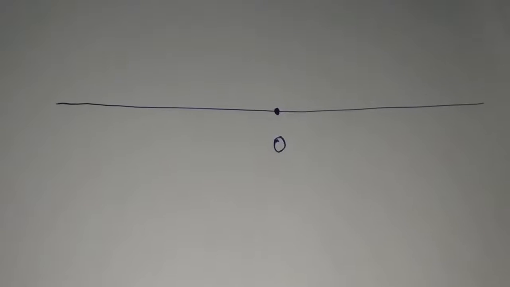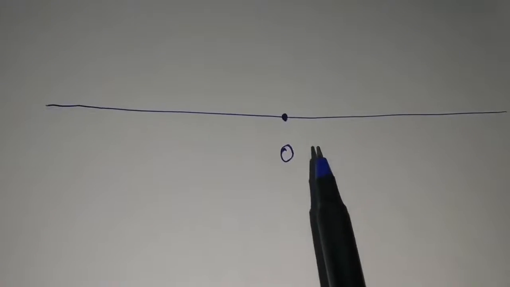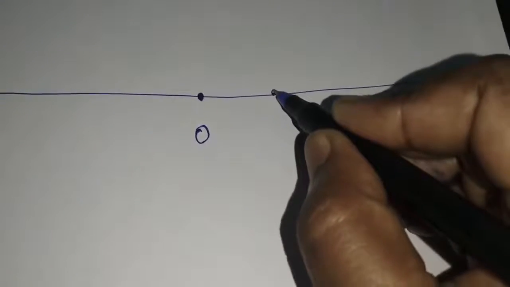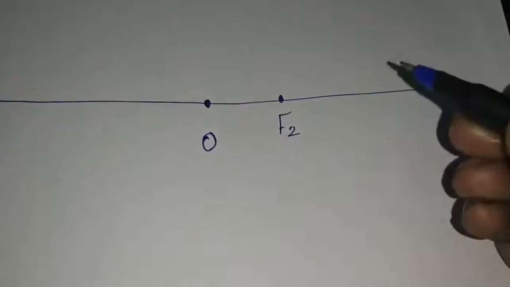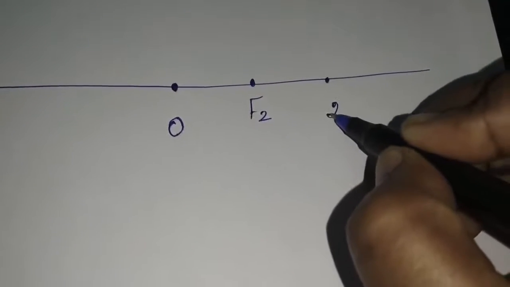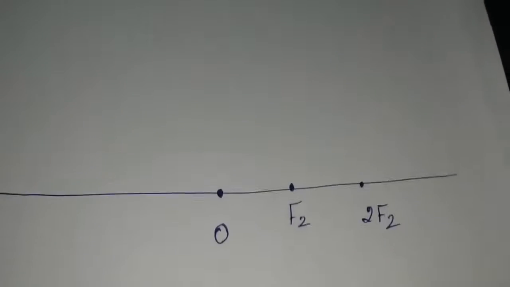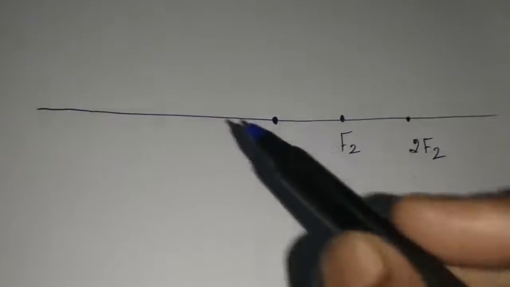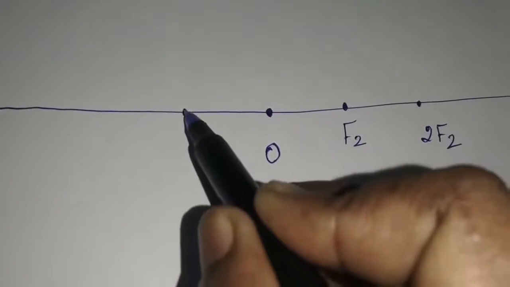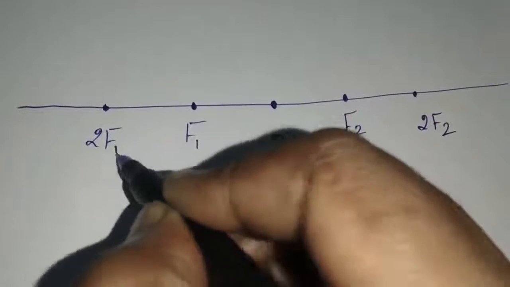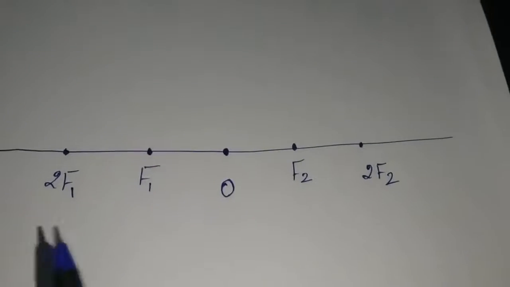Then by using the ruler mark two points F2 and 2F2 on the right side of the lens, and F1 and 2F1 on the left side of the lens.